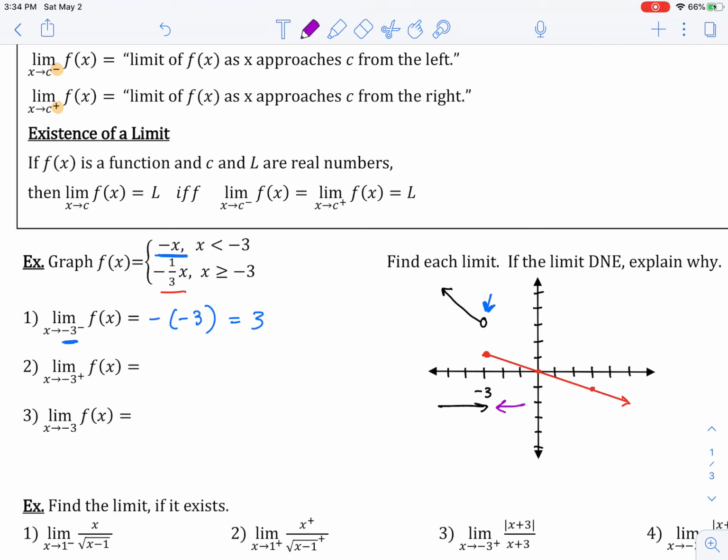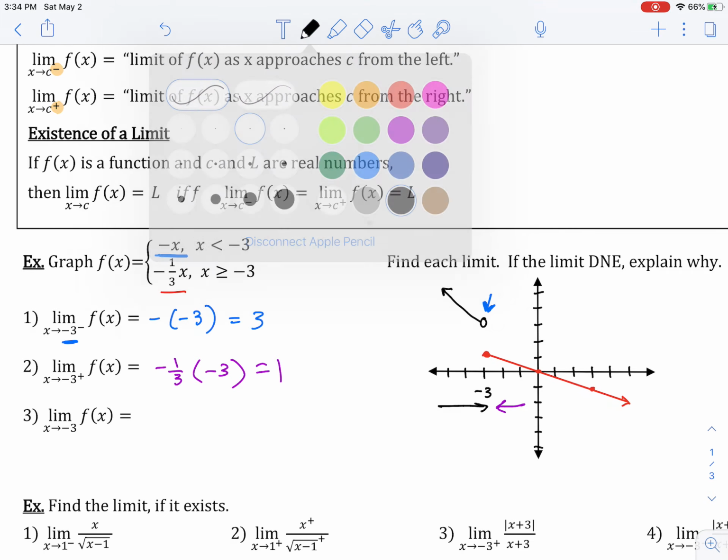So we're going to evaluate -1/3 x at -3, and that just gives me positive 1. And let's check to see that's confirmed in our graph here. And indeed, as we approach -3 from the right side, it looks like our red graph is getting closer and closer to the value of 1.